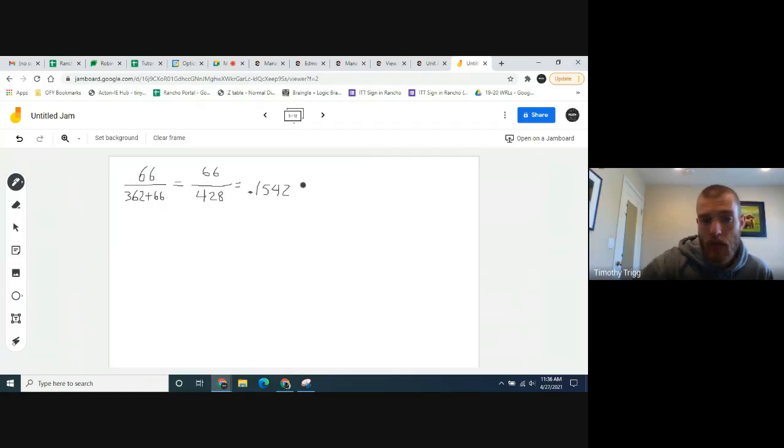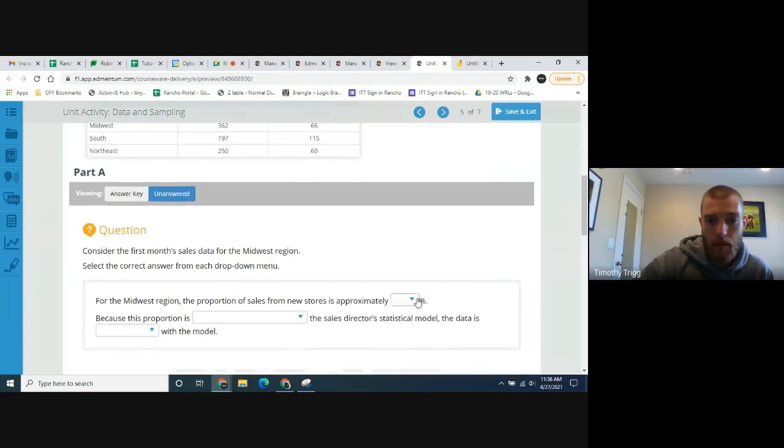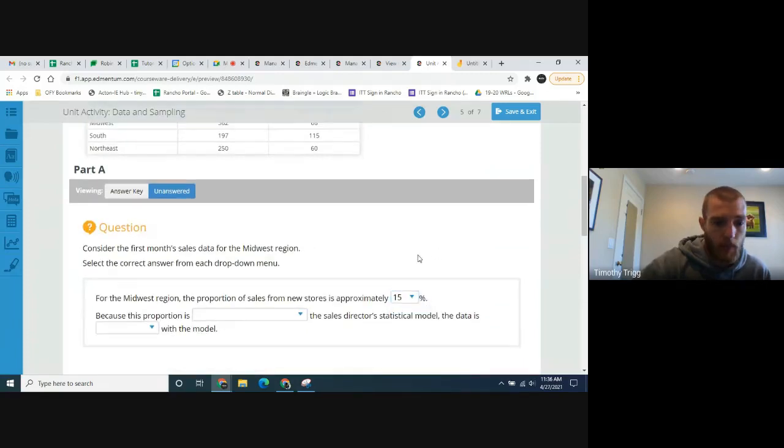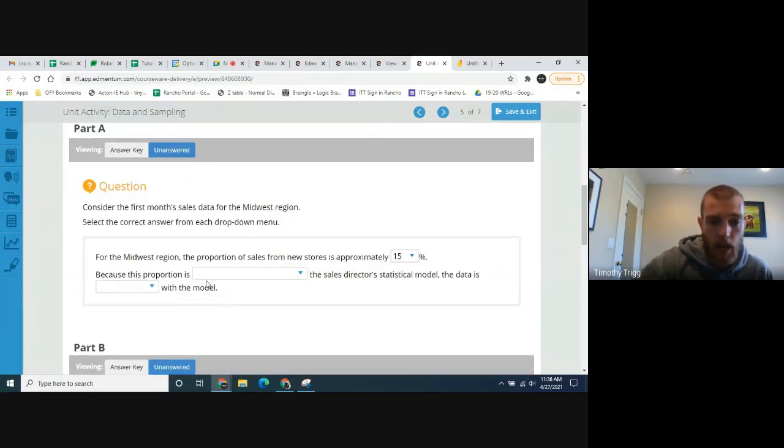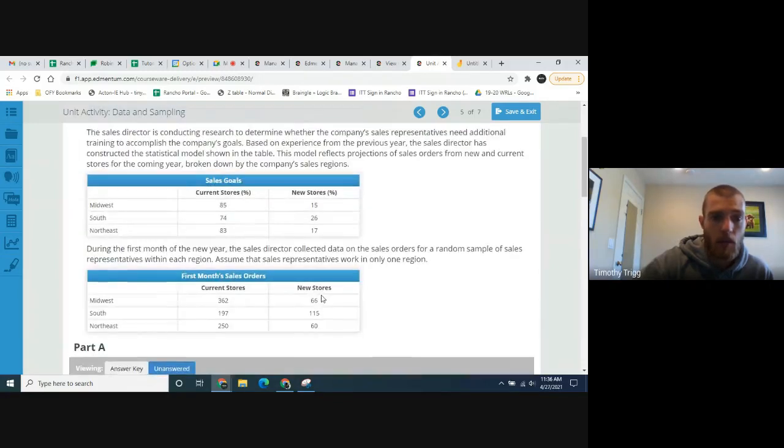So when you change it to a percent, you move the decimal over twice. So this is 15.42%. Because this proportion is blank, the sales director's statistical model, the data is blank with the model. So here's the sales goals. In the Midwest, he wanted 15% from new stores, and that's what he got.